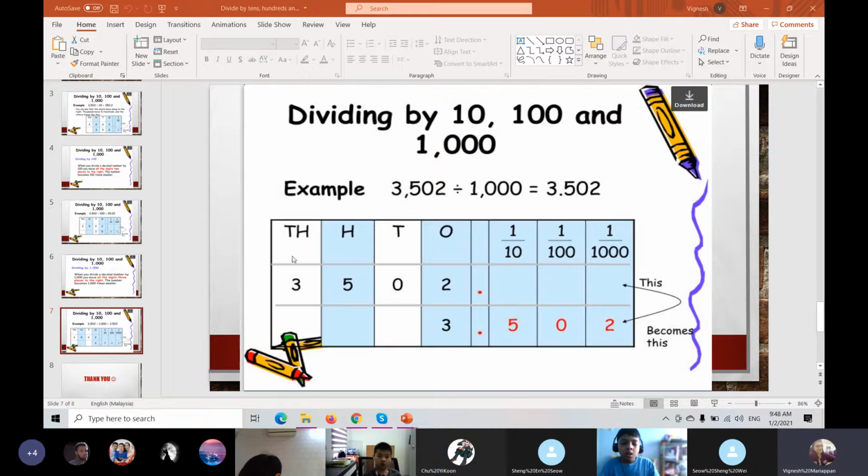And then how to explain in the box way? Now 5 is under which place value? Class, 5 is now under which place value?